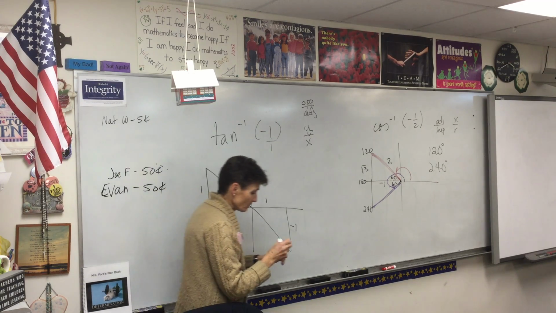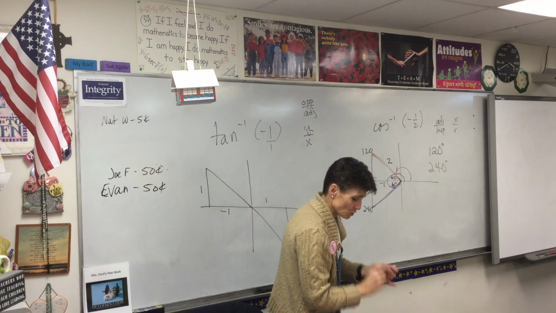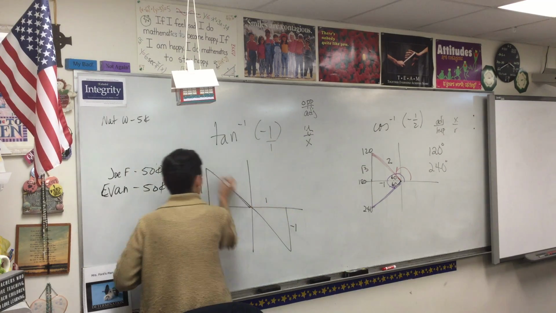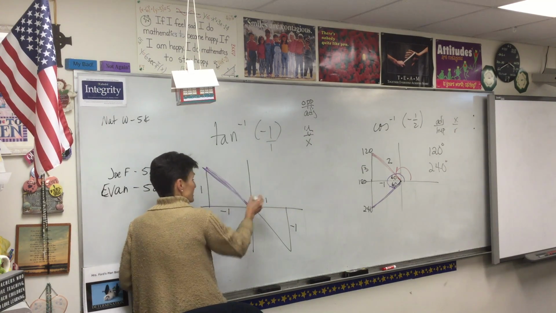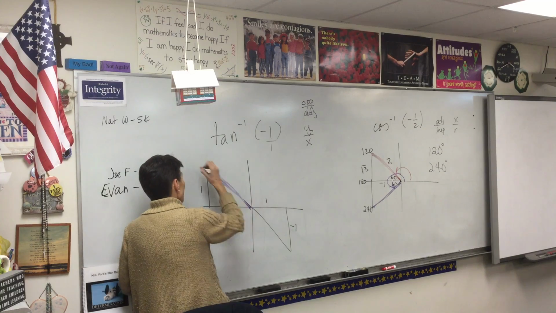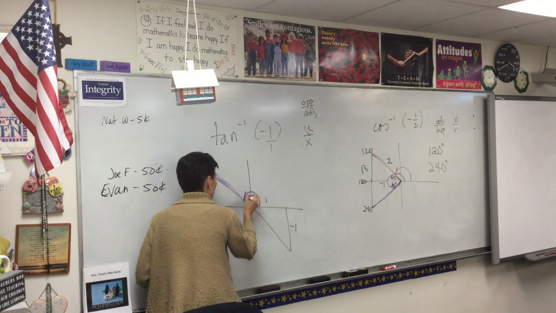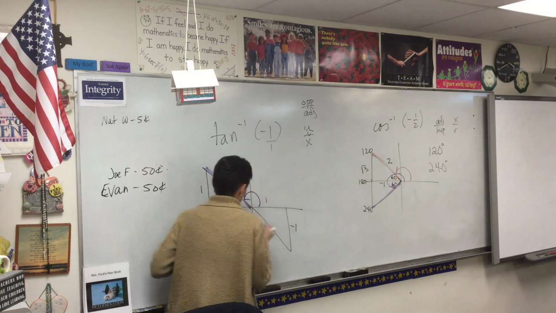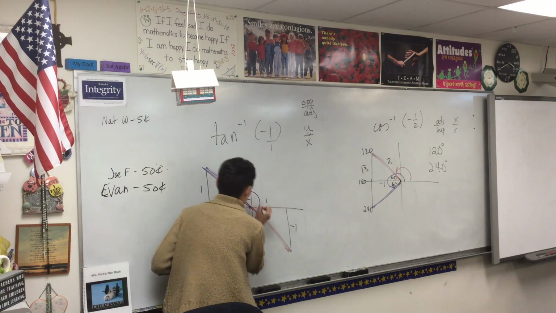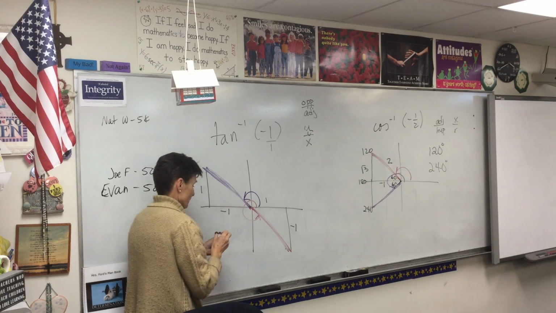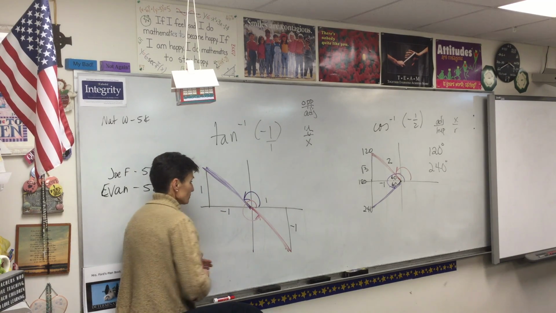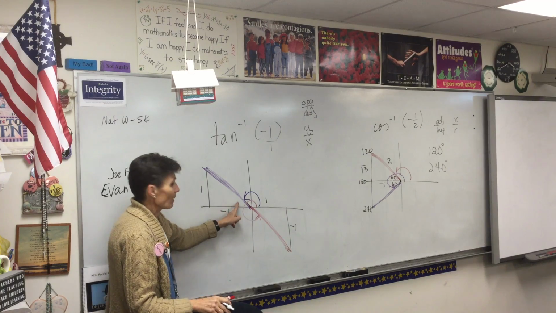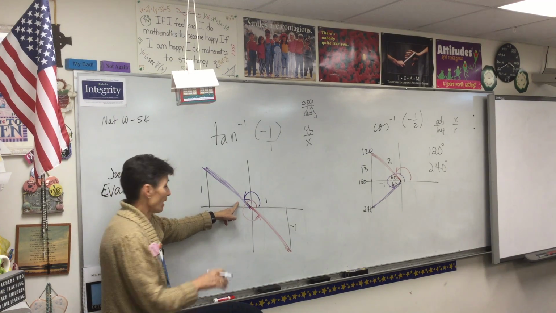So my angles that I am looking for, as Jalen pointed out, are the diagonals here, the slanted ones, the radius or the hypotenuse. So this purple angle is one I'm looking for, and this red angle is one I'm looking for. Now, how big is my reference angle here? 45.